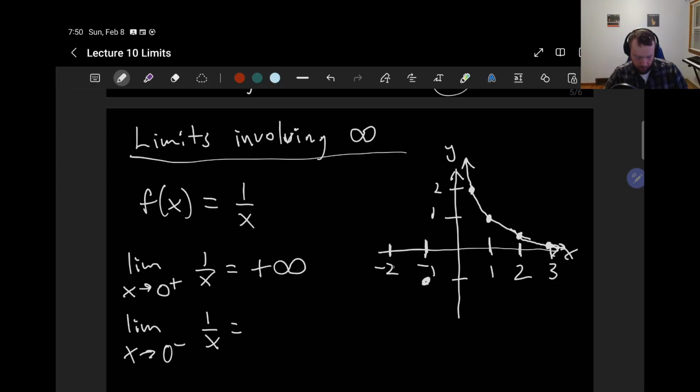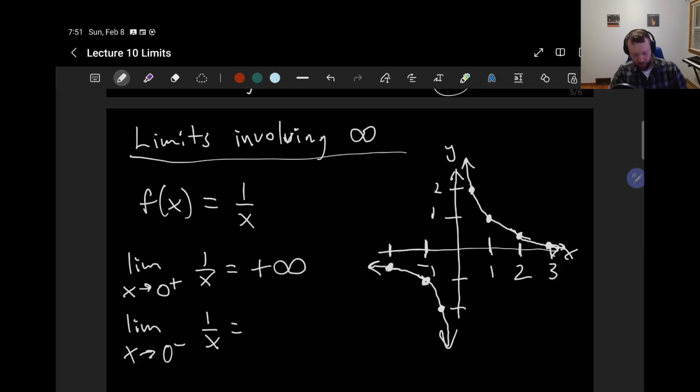And let's say I plug in -2, that's -1/2 as a y value. Now, what if I plug in -1/2 for x? The result will be -2 for y. So we have a similar looking curve. So there's a nice symmetry to this graph.